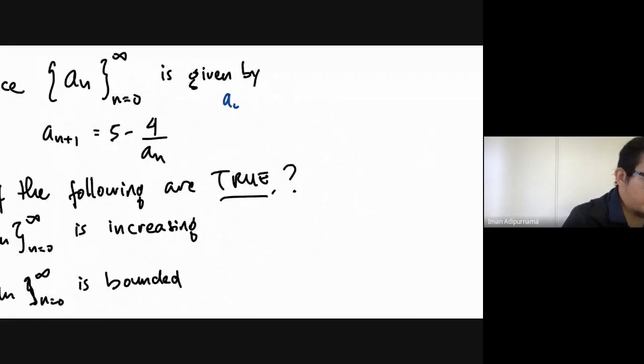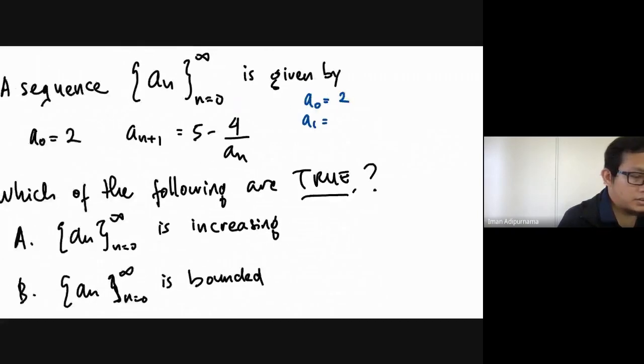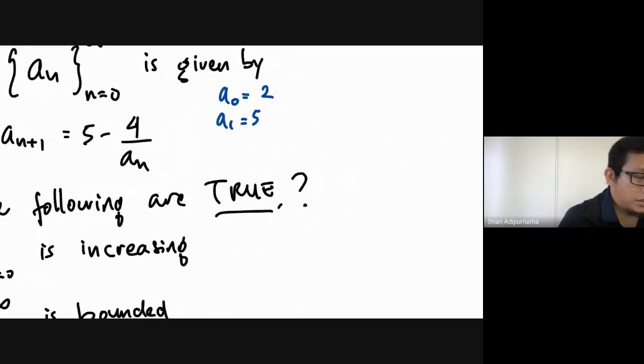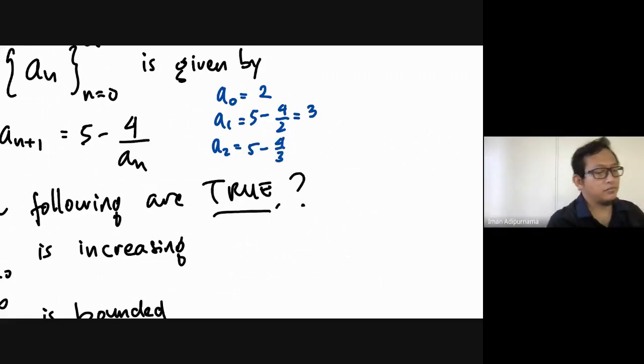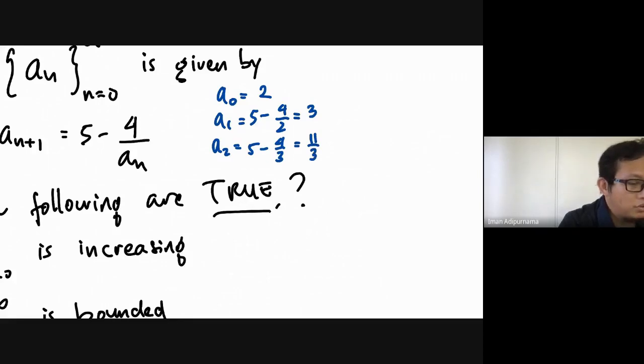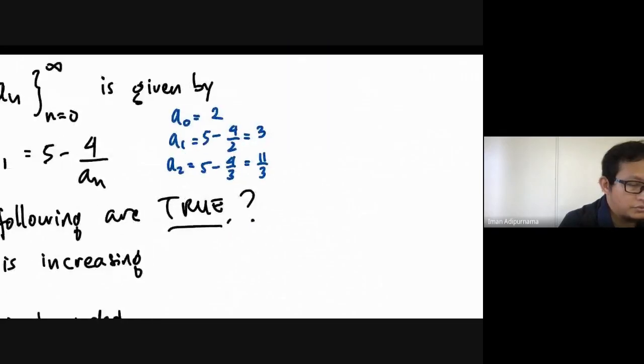If your A0 is 2, then A1 is 5 minus 4 divided by 2, so it will be 3. And try A2. This will be 5 minus 4 over 3, which will be 11 over 3. So option C is wrong, right? Of course, it's wrong.